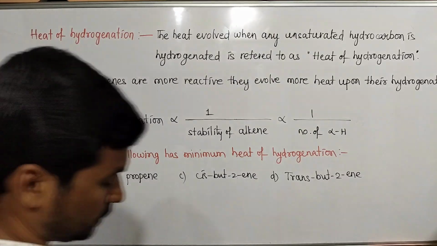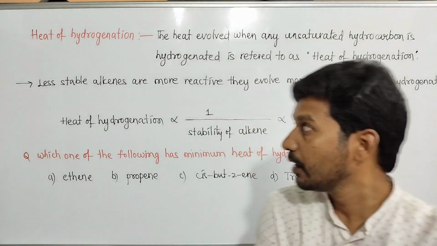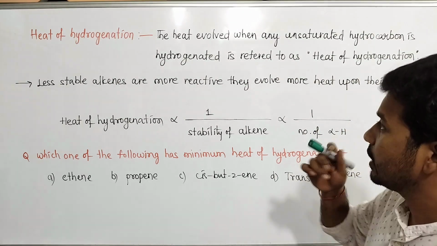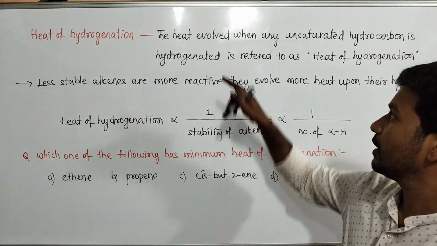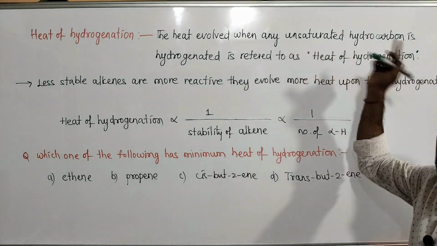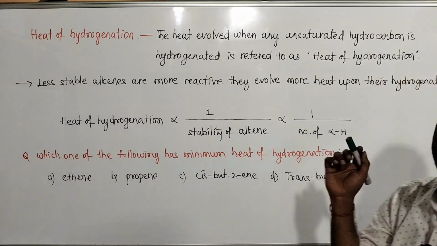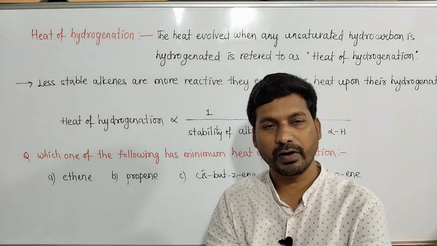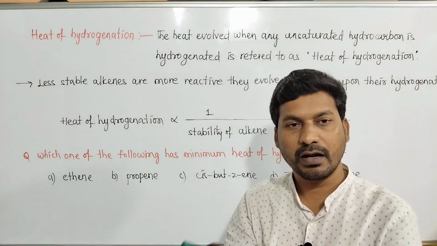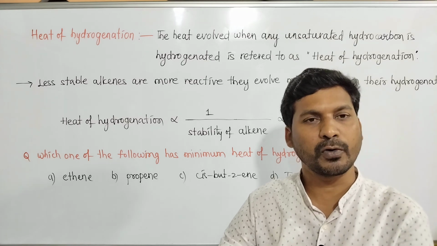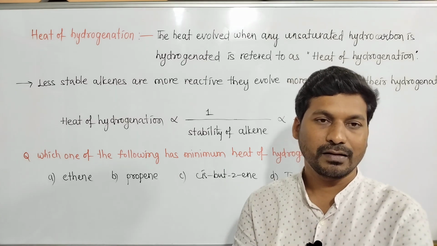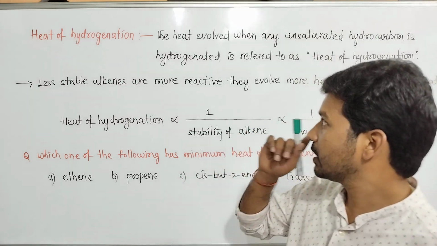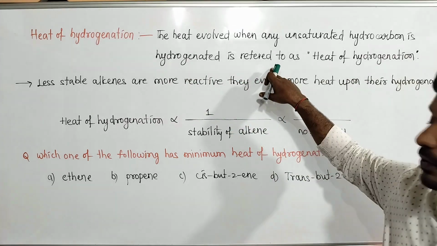See this. This is heat of hydrogenation. Heat of hydrogenation is what? The amount of heat evolved when any unsaturated hydrocarbon, alkene, alkyne, any hydrocarbon, ethene, propene, like that, is hydrogenated.